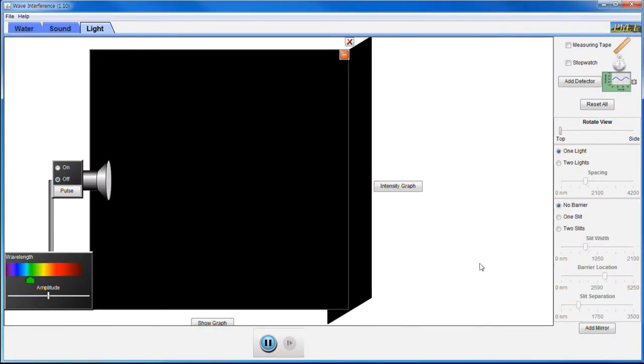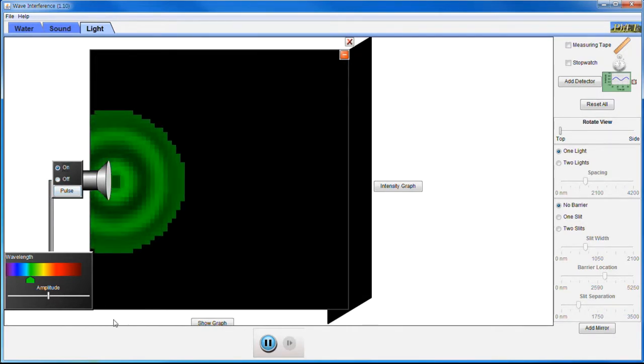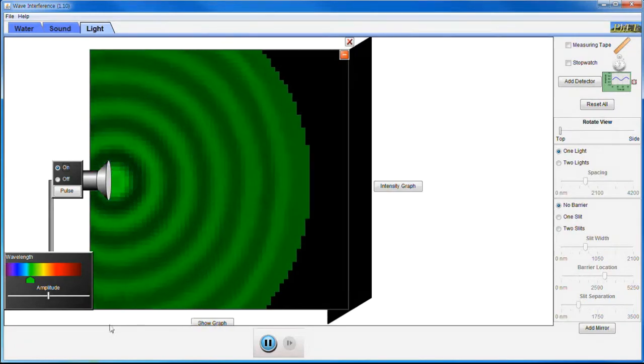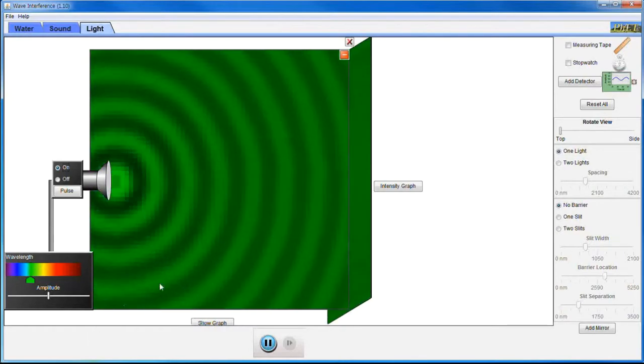Alright, this is the experimental setup for the single slit experiment. In fact, we don't have a slit yet, but here we have a light source, and let's turn it on. The color of the light is now set to green, which is probably the best in this setup.